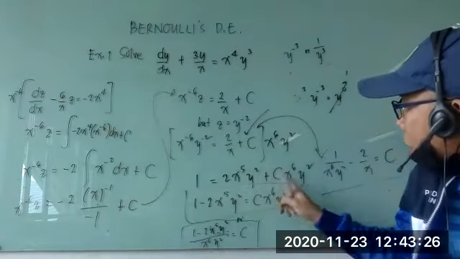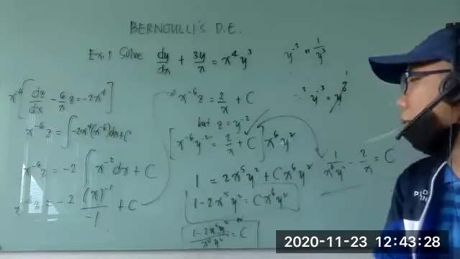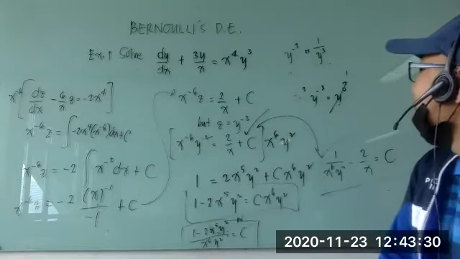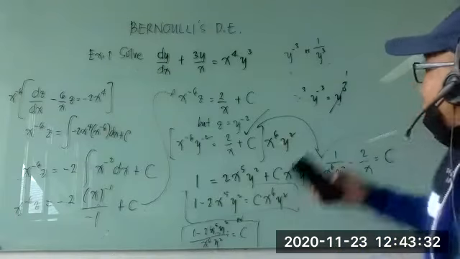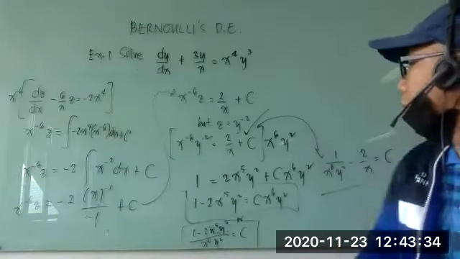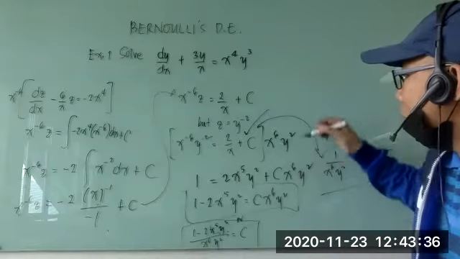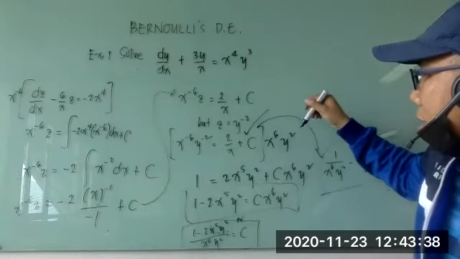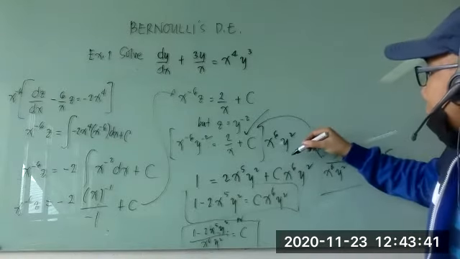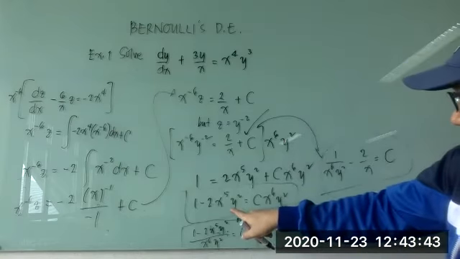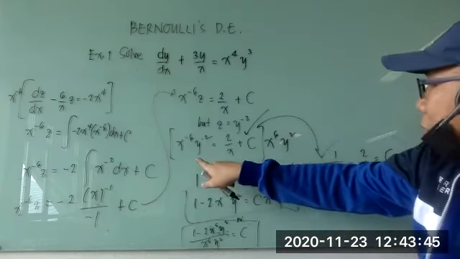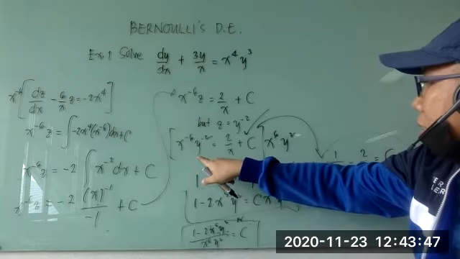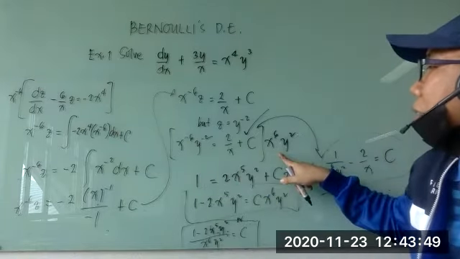So you factor it. If you want to solve for y, okay, say for instance, solve for y. Okay, so from here, solving for y, where are we? Factor, or from here maybe. Yeah, from here.